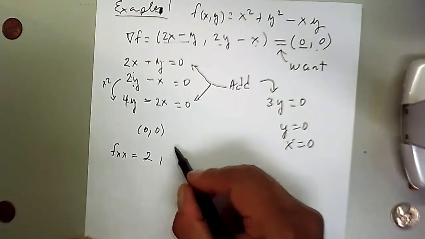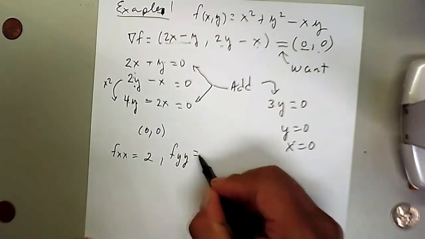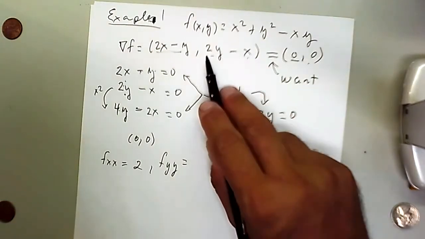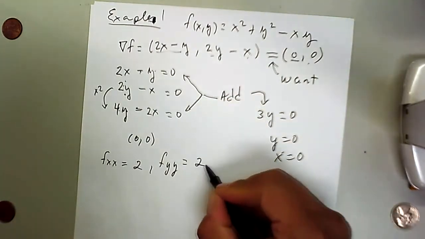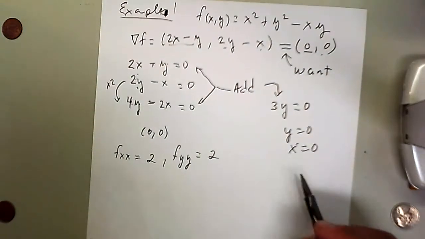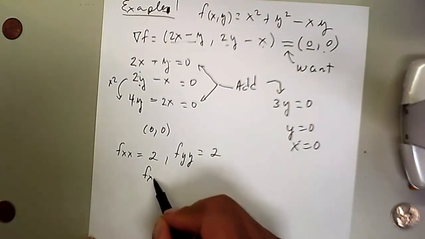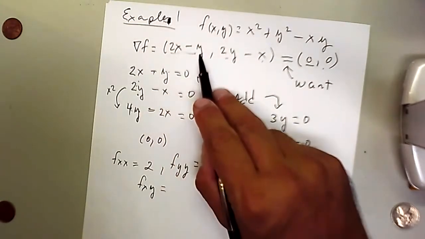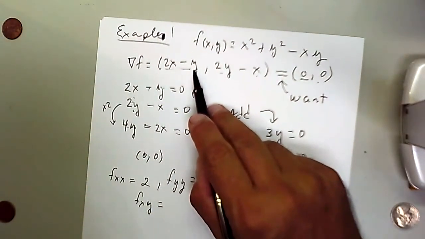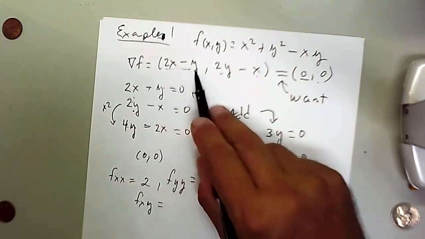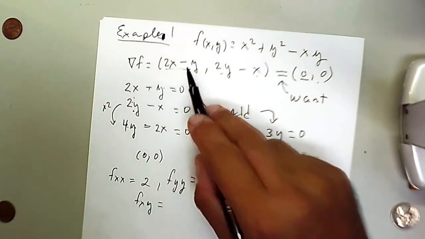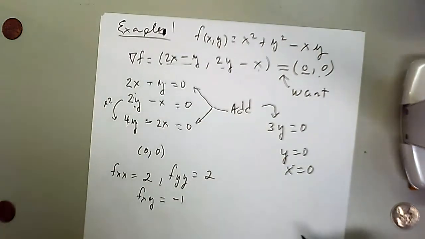The second derivative with respect to y: the first derivative is 2y minus x, and the second derivative is 2. And then we need to find the combined derivative, f_xy. So the first derivative is 2x minus y, the derivative with respect to x. Now take the derivative of that with respect to y, and that's going to give us negative 1.